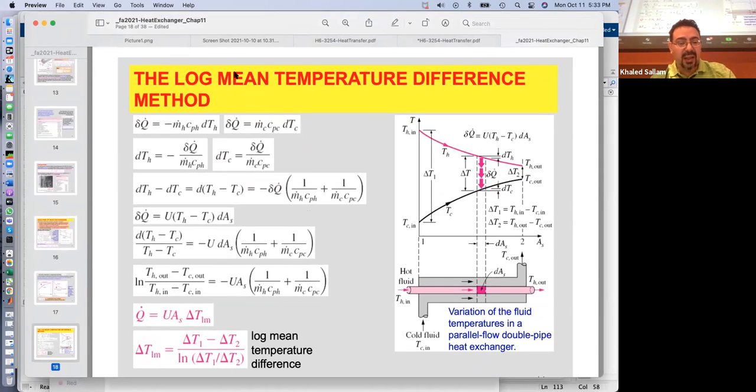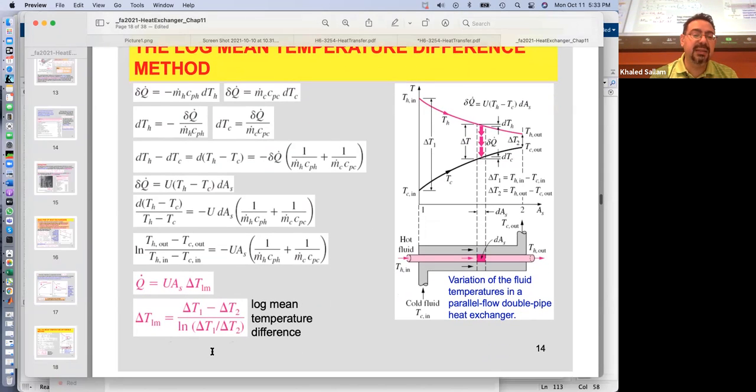I'm not going through this, but this is the derivation. This is the proof of the accurate delta T to use between the hot and the cold. He did it for a differential element.